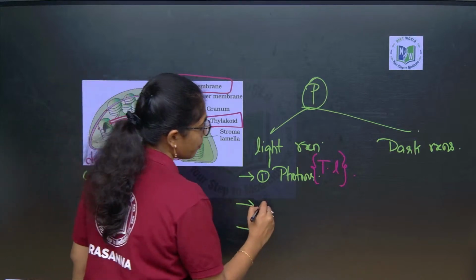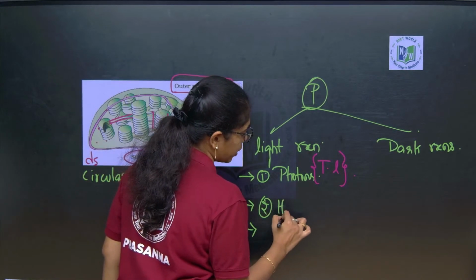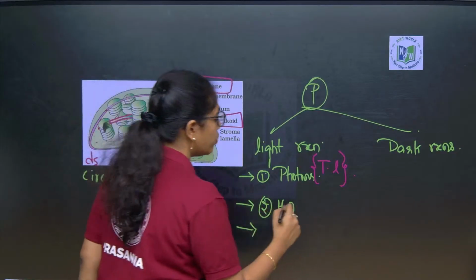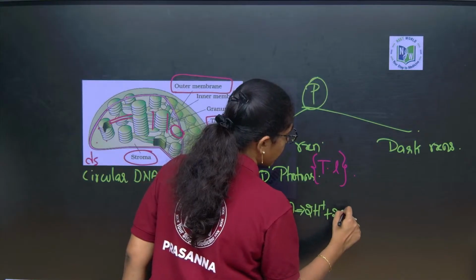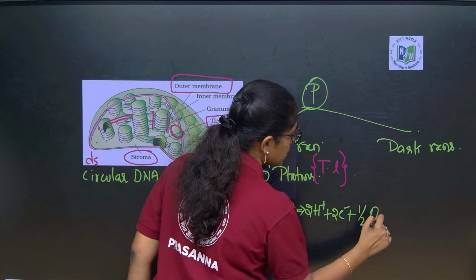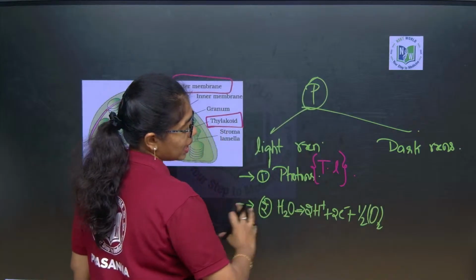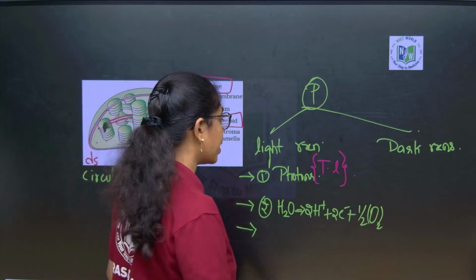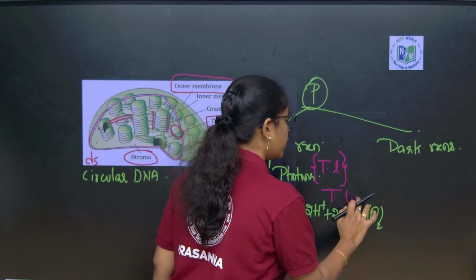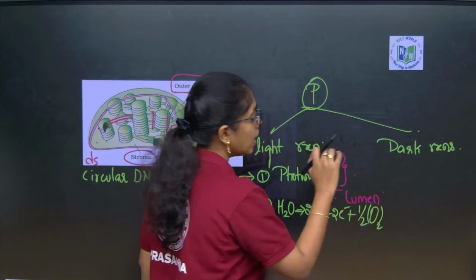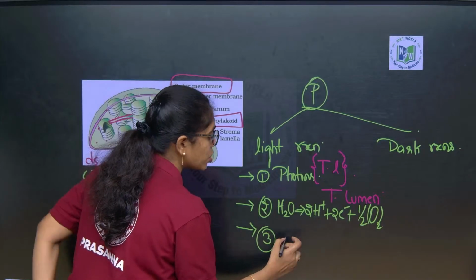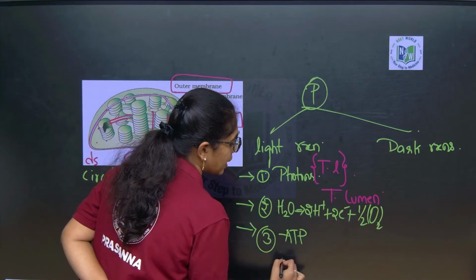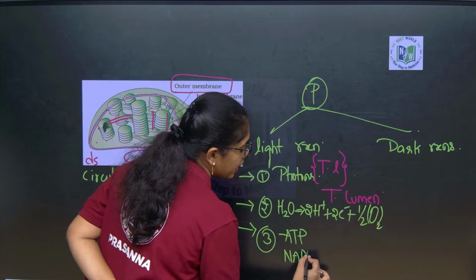Second is photolysis of water, wherein one water molecule will give rise to 2 protons plus 2 electrons plus 1 oxygen atom. This photolysis of water takes place in the thylakoid lumen. Next, third is formation of assimilatory power, that is ATP and NADPH.